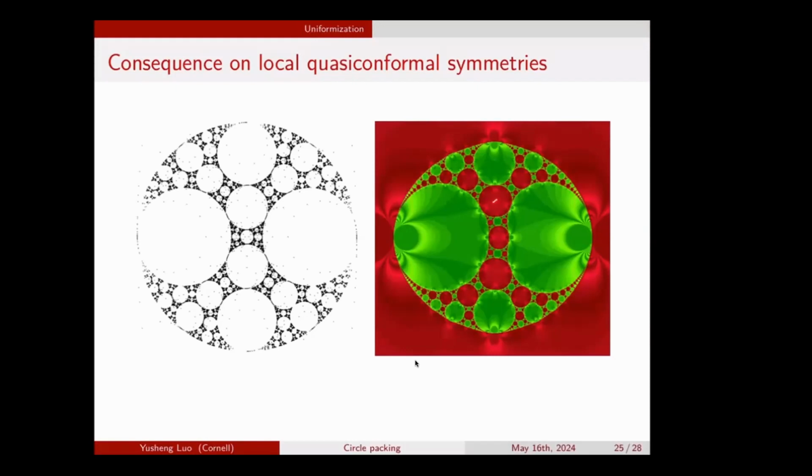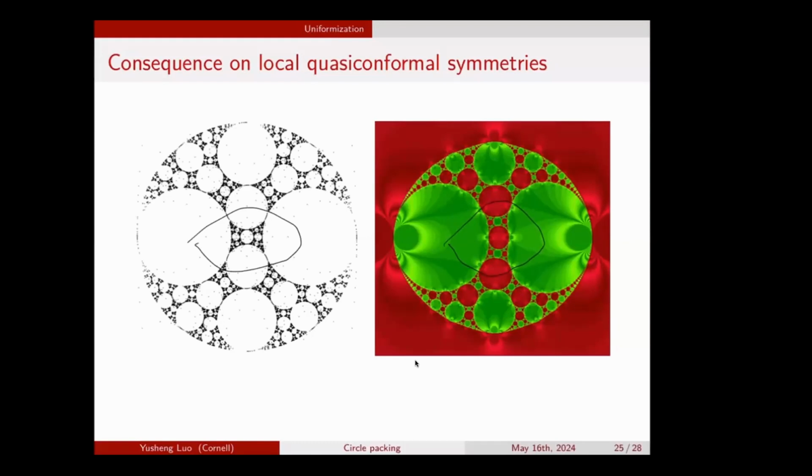And if we look at this region bounded by these 4 circles, and the corresponding 4 circles here, you see the exterior, they look the same, and in fact, they are indeed homeomorphic. So they're actually quasi-conformally homeomorphic by our theorem.